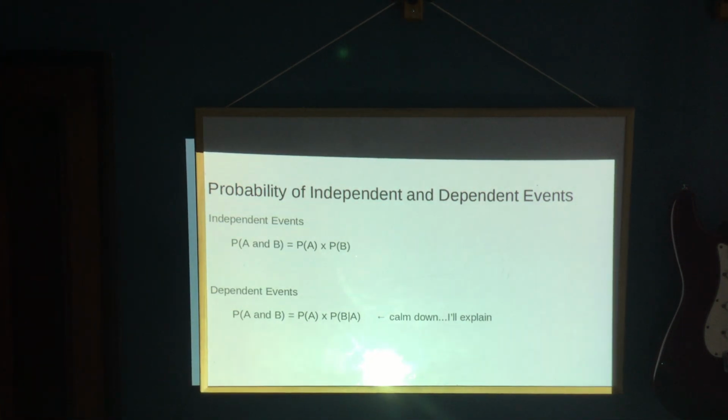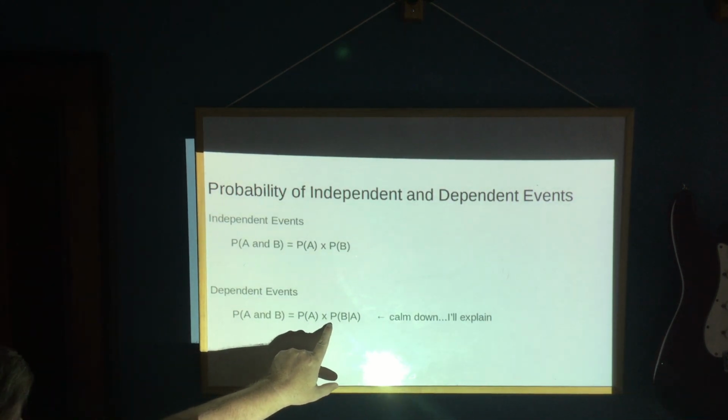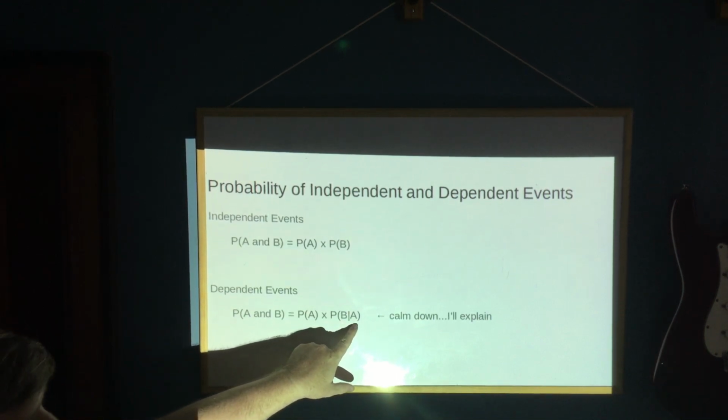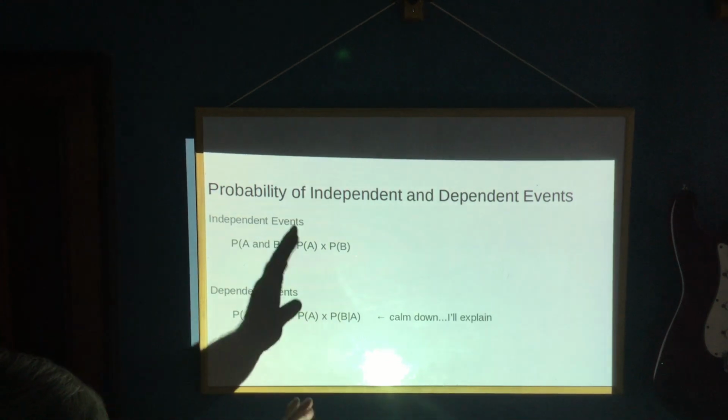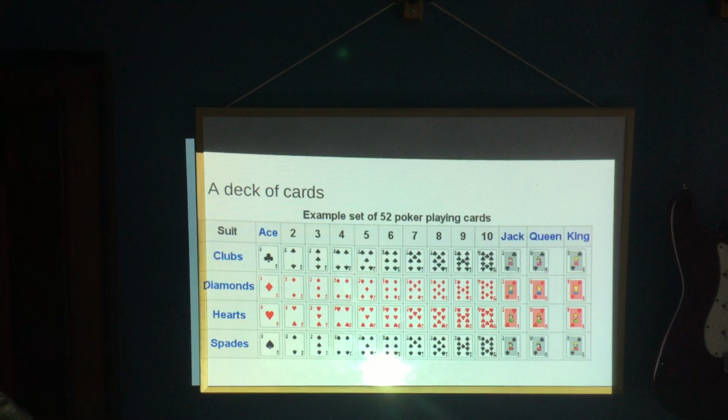But if the events are dependent, you take the probability of the first one times the probability of the second one, B, assuming the first one happened. Again, I know that's probably really confusing, but hang on, don't turn off the video, don't give up. It's probably a lot easier than you think. You just need to see some examples. So let's start to get into that.